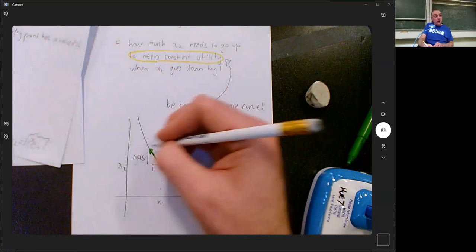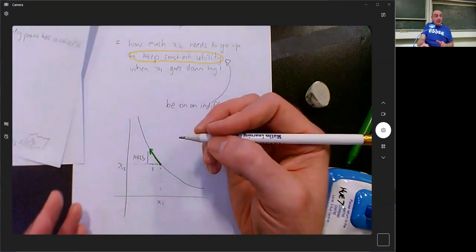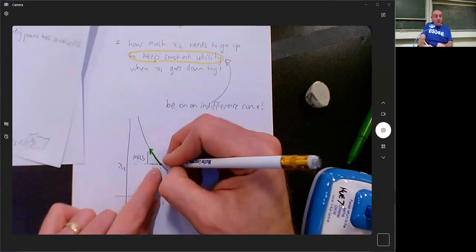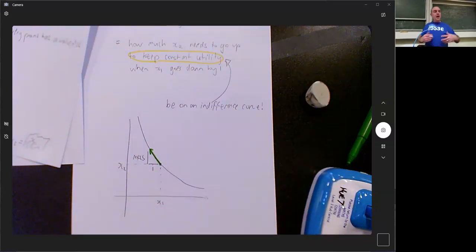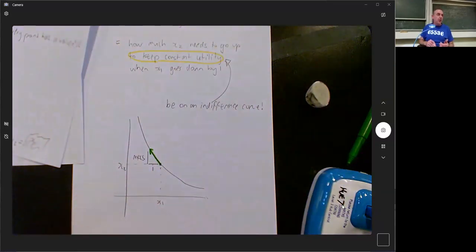Of course, it's a curved line, so technically it's not that. It's only what it is when you're really close to this point. So it's on average, if it went down by 1, how much it would go up by. But it's more like if it went down by 0.01, how much would that go up by? So it has to be really small changes, but that's the idea behind it.